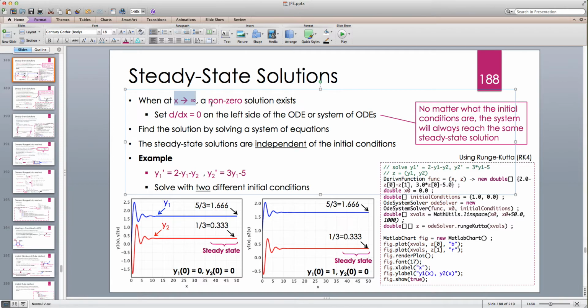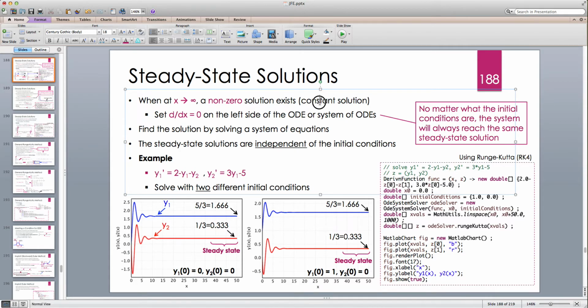But there are many systems that can in fact reach a constant solution after a very long period of time, or when the variable x goes to infinity. So we're going to define the steady state solution as this: when our variable x goes to infinity, does our system have a non-zero solution, where by non-zero solutions we mean a constant solution.